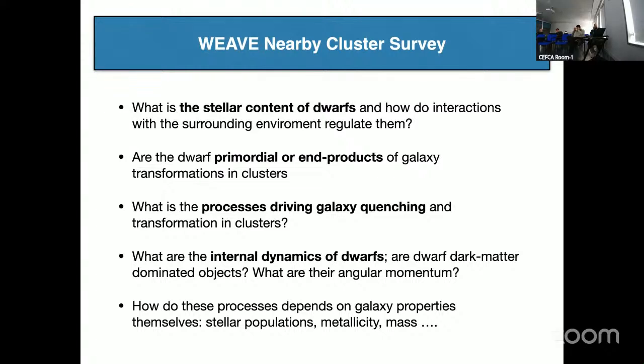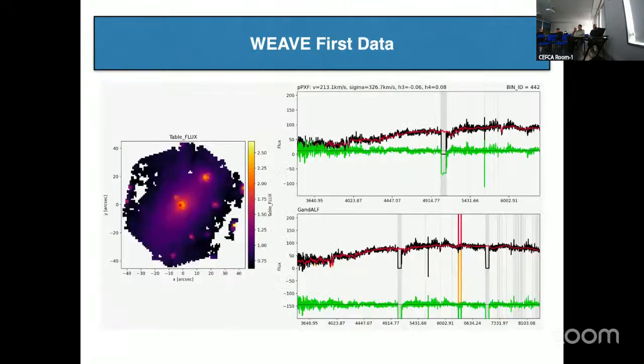All the study that we did in the Fornax cluster, we can do now with the WEAVE clusters. Also, we will have information about the internal dynamics of the dwarfs, because we will have observed them with the mini IFU, and also all of these questions about star formation, metallicity, masses, etc. This is some preliminary data that we obtained for the science verification.